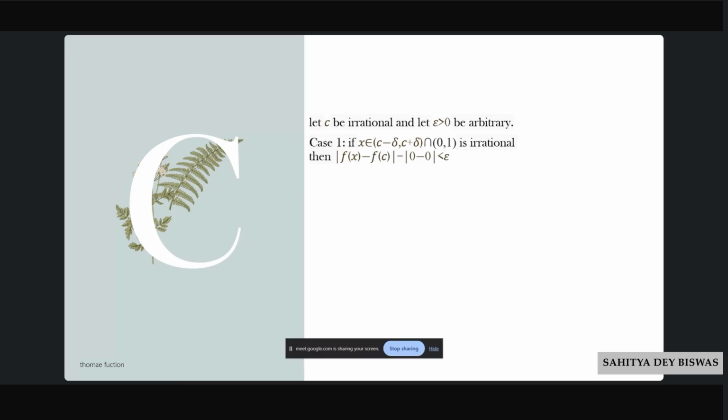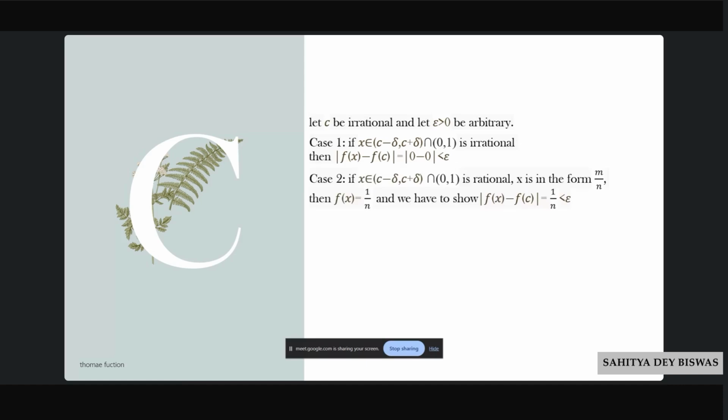Basically, you want to consider this delta neighborhood of c inside the open interval (0, 1). So we are done for the case where x is an irrational number.